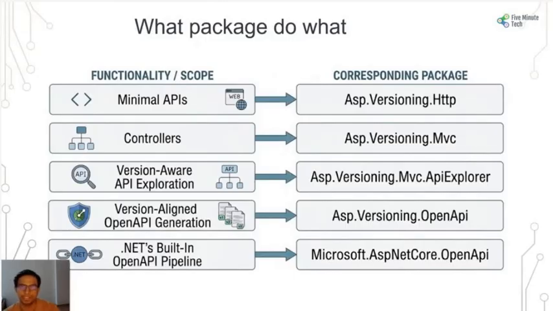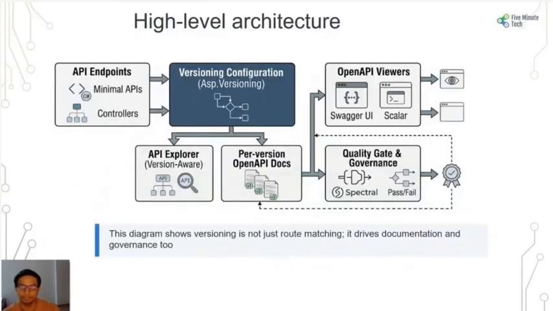For version-aware API exploration, you will use Asp.Versioning.Mvc.ApiExplorer. For version-aligned OpenAPI generation, wherein you have the OpenAPI generation in place, you will be using Asp.Versioning.OpenApi, along with .NET's built-in OpenAPI pipeline, Microsoft.AspNetCore.OpenApi.